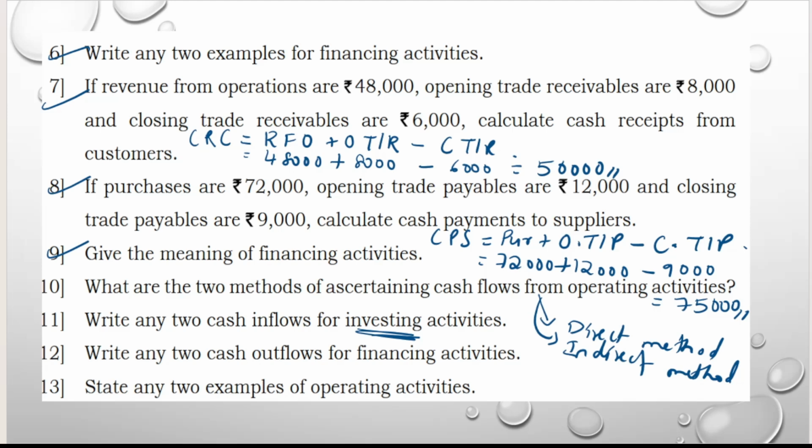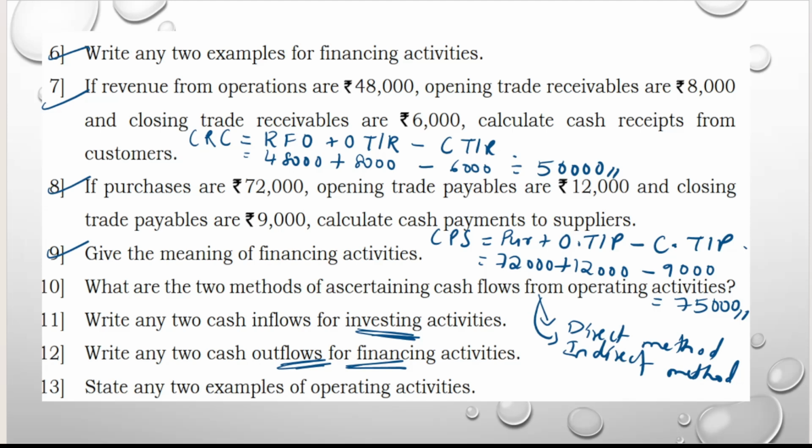Next, write any two examples for cash outflow from financing. Financing is nothing but different sources. The transactions related to share capital and long-term borrowings relate to financing activity. They have asked cash outflow. Cash outflow is nothing but cash going out of your business, but through financing. How?